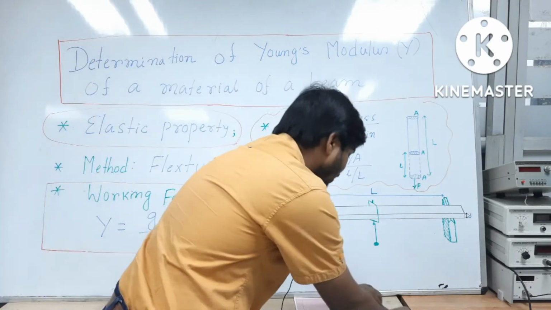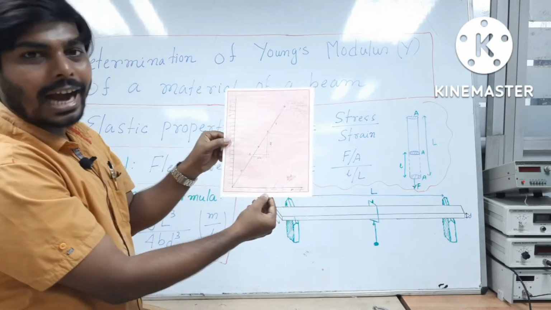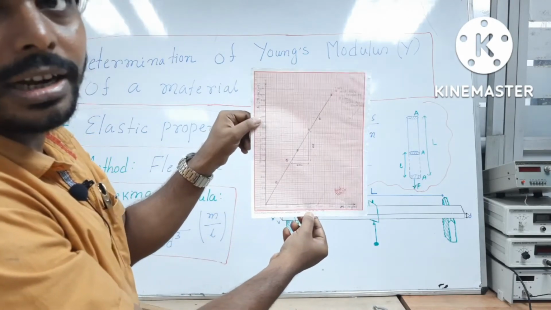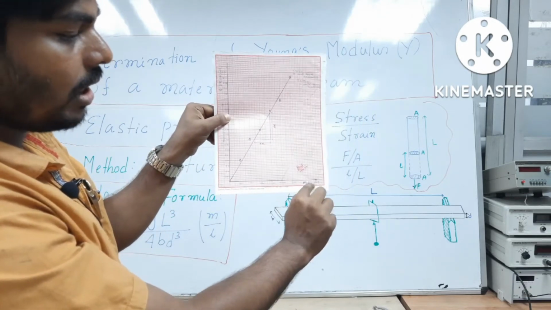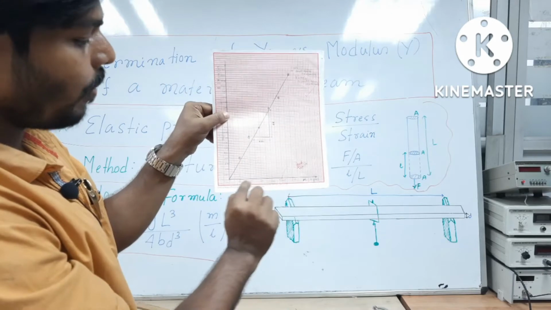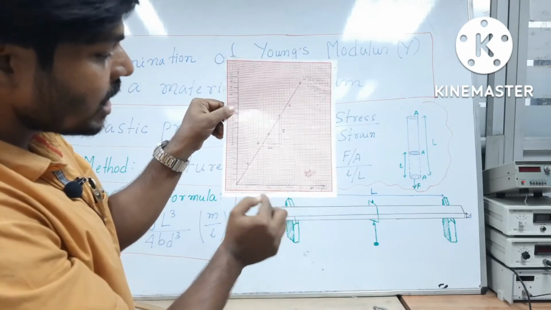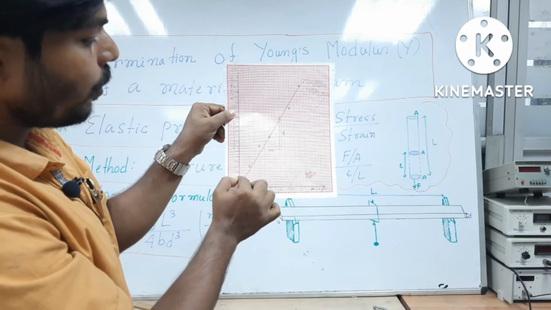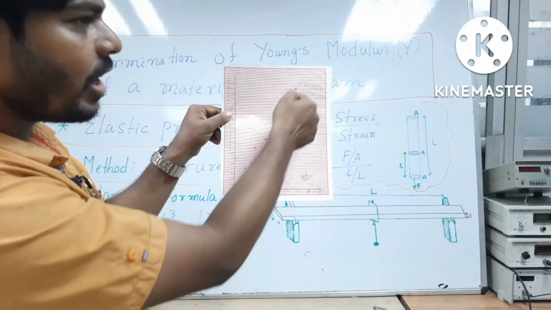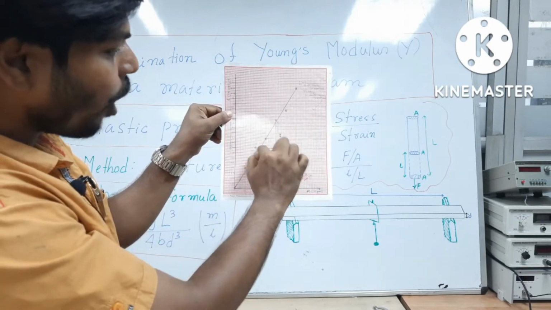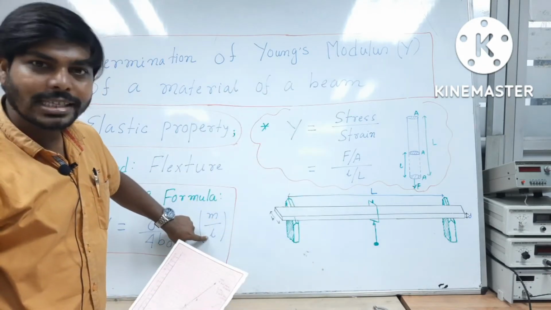And ultimately, for different loads, if you plot a curve, you can clearly observe that. So along this x direction, if you vary the load from 500 gram, 1000 gram and so on, and using the travelling microscope you find out how much depression there is, you will get a straight line, and from that slope you will get this M by L ratio.